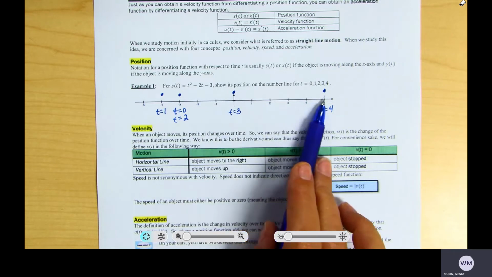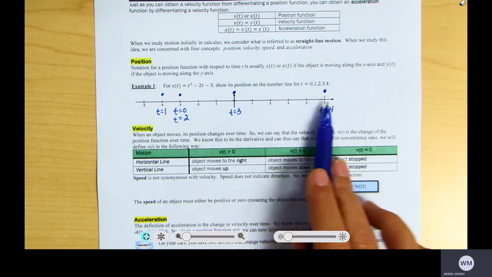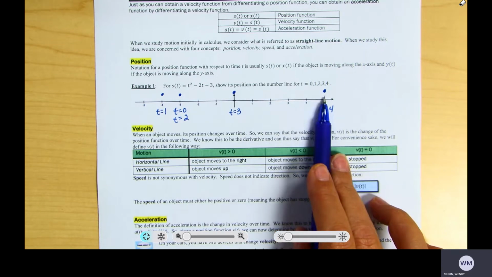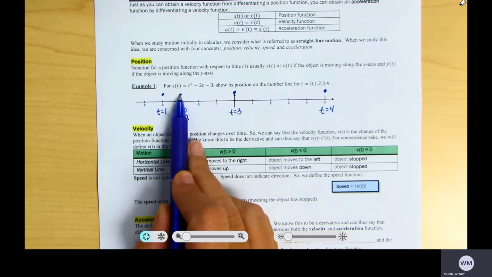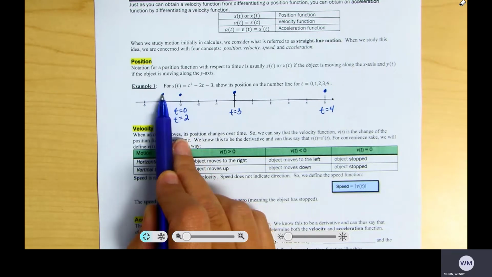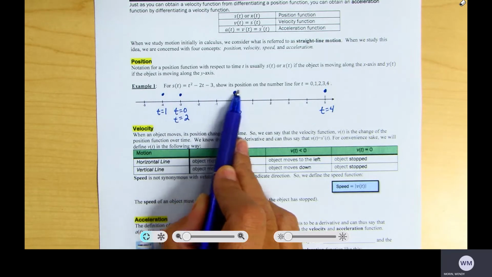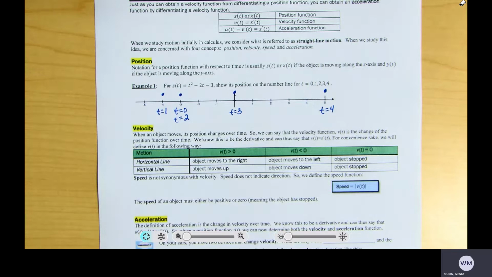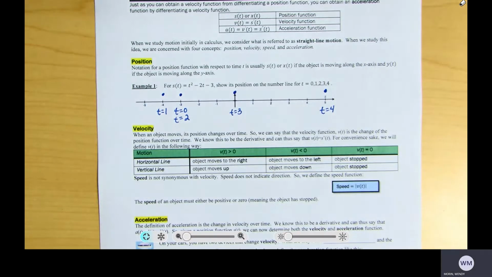When you get 5 after, it doesn't mean you just traveled 5, it means you're at position 5 to the right. So in essence, we started here, we went here, we went back to here, then to here, and then to here. All of that would be our total distance traveled. So this gives you your net distance.